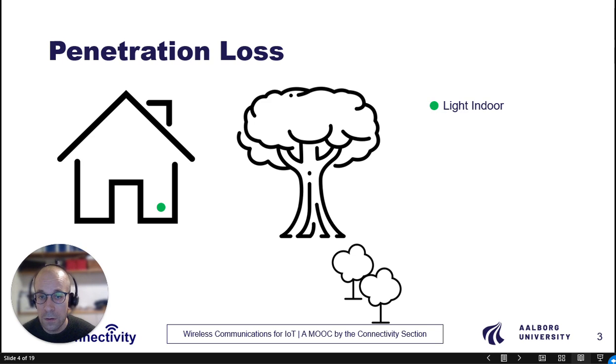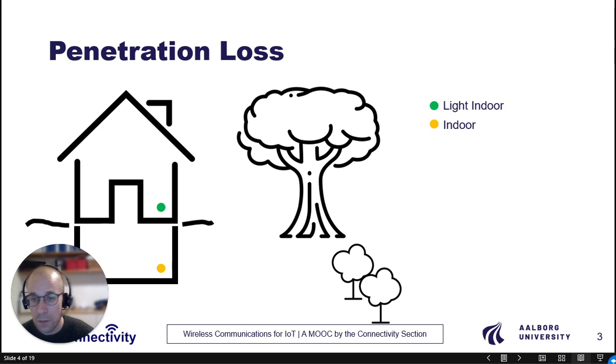We have one at ground level, maybe in the scullery, where the water pipes or the pipes for district heating are entering the building. It can also be in the basement. This is referred to as indoor. And the attenuation going from the scullery and outside, or from the basement and outside, is different.